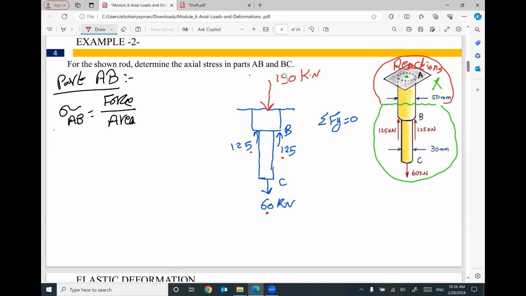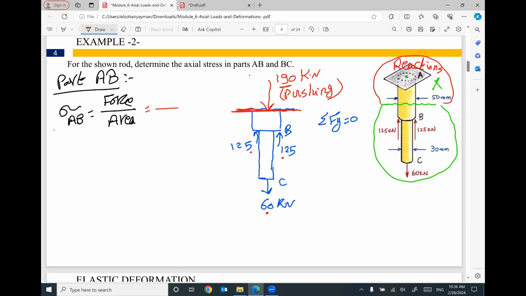So if you apply summation F of y equals 0, 190 plus 60 gives you 250, which is in equilibrium with these two forces. So at your cut in part AB, this force 190 is pushing the section, the cut.